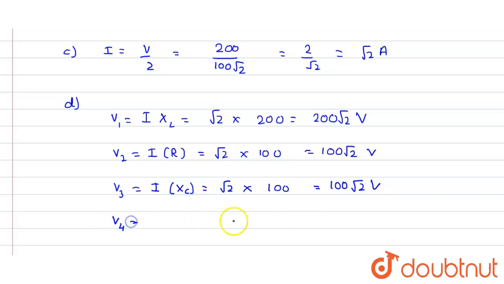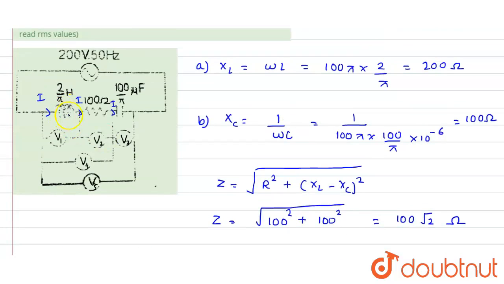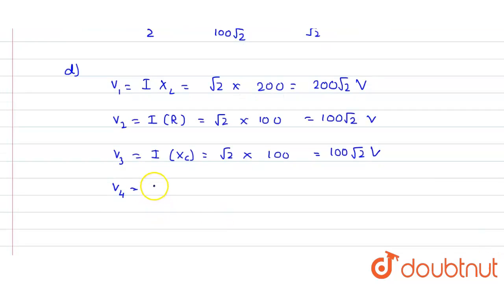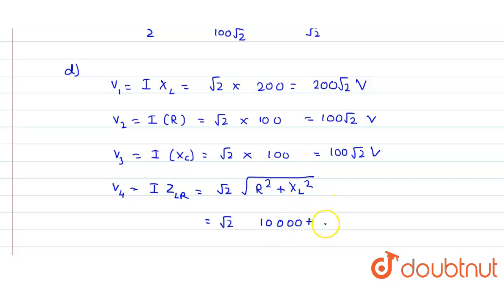Now V4 is across the inductor and the resistor. So here it would be I times the impedance of the L and R part. I is root 2. The impedance for L and R equals the square root of R square plus XL square. Putting in the values, R is 100, so 100 square is 10000, plus XL, which is 200, squared is 40000, in the square root.